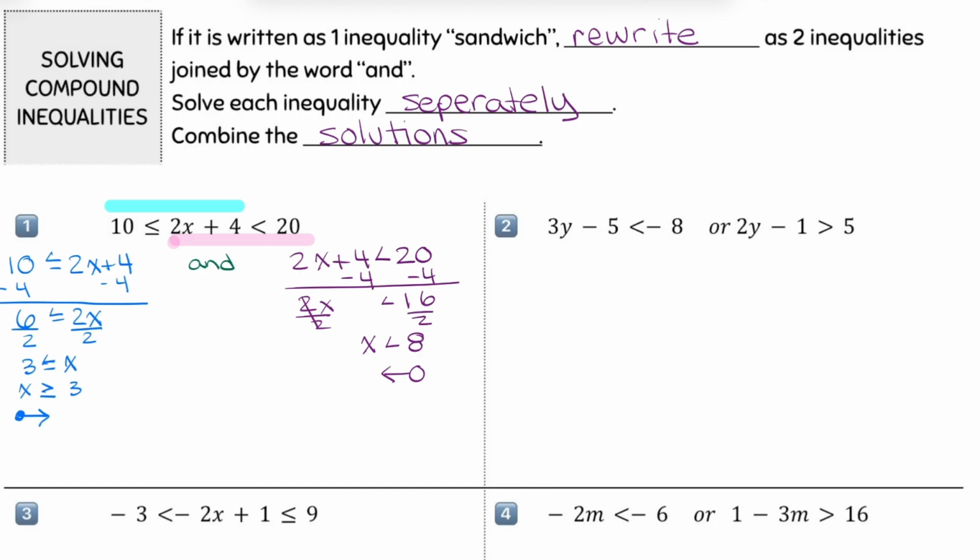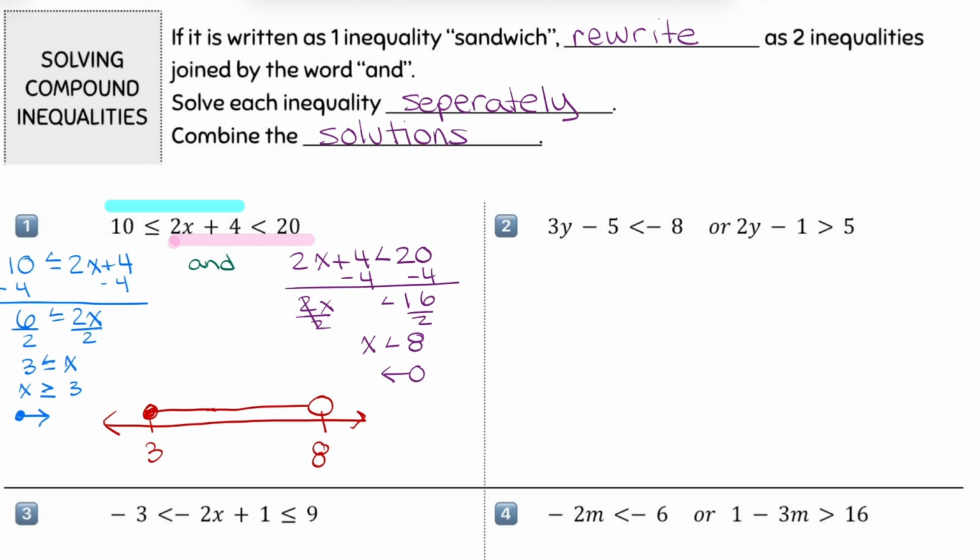So how do you graph this? You make your number line. Put the number 3. Put the number 8. I have filled in going to the right. I have open going to the left. And that's how you graph an and.